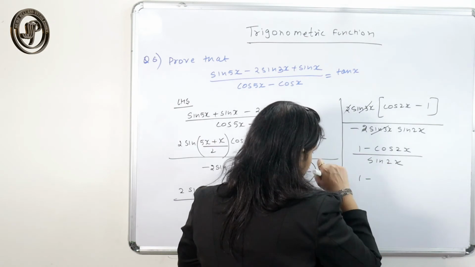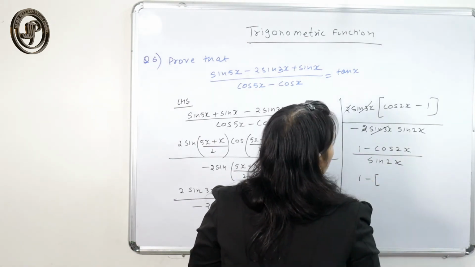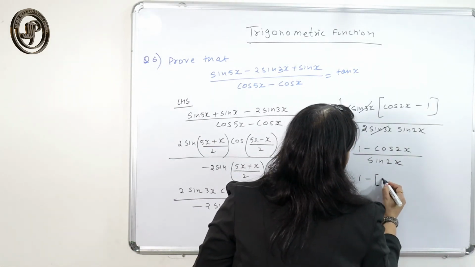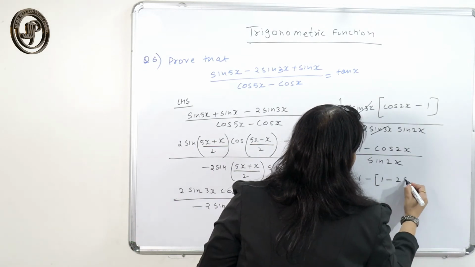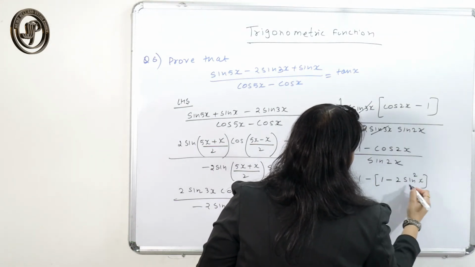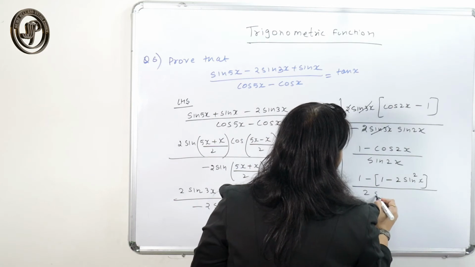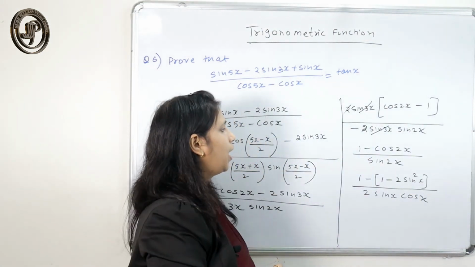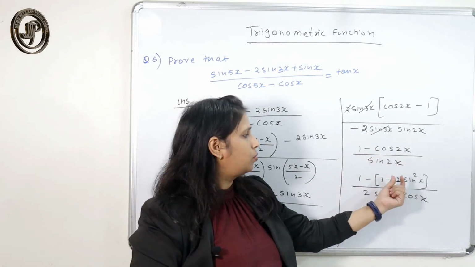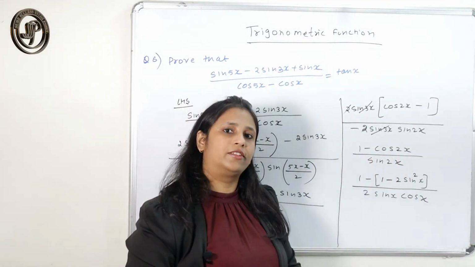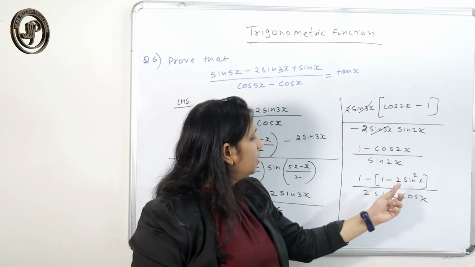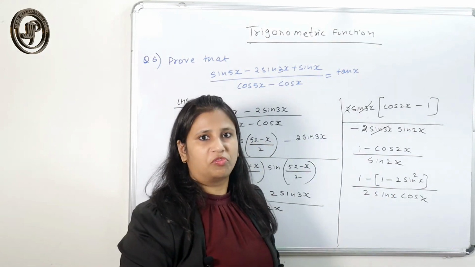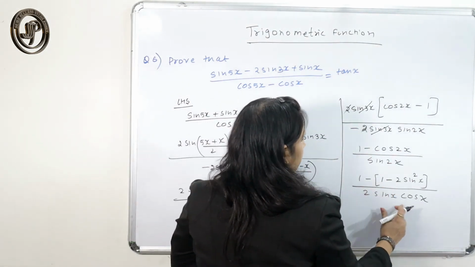So here you can write the cos 2x formula as 1 minus 2 sine square x, right? Or here you can apply sin x cos x. So here I had applied the cos 2x as 1 minus 2 sine square x. That is the formula that I have given in the starting of this lecture. And sine 2x is this.